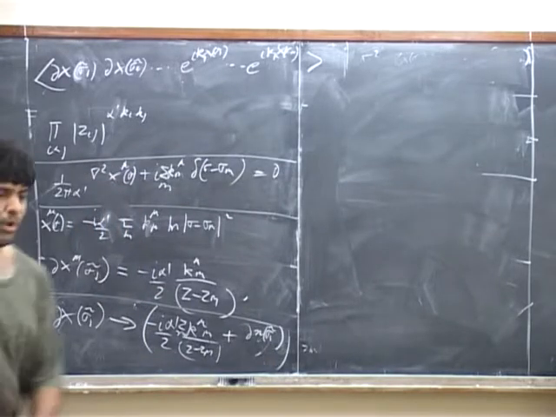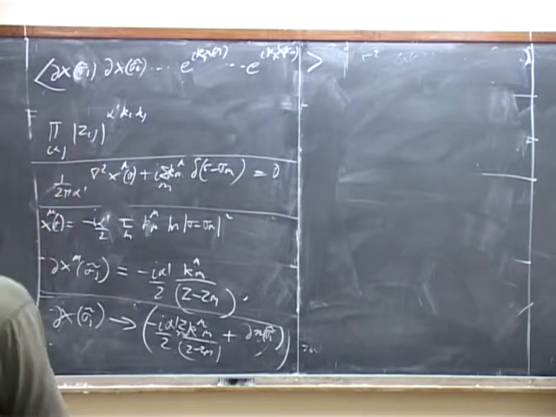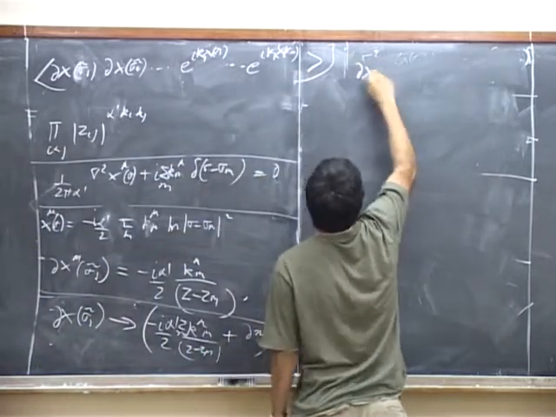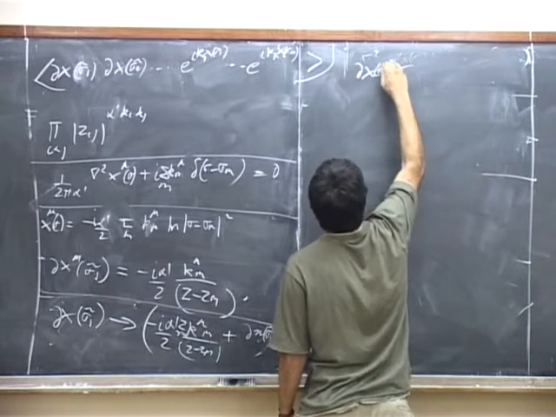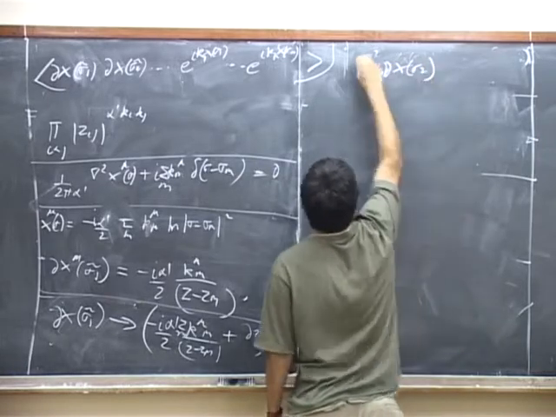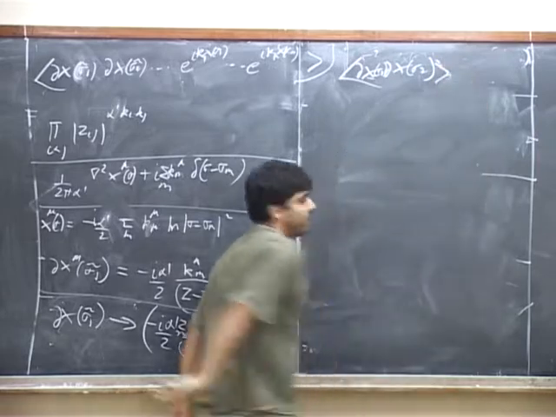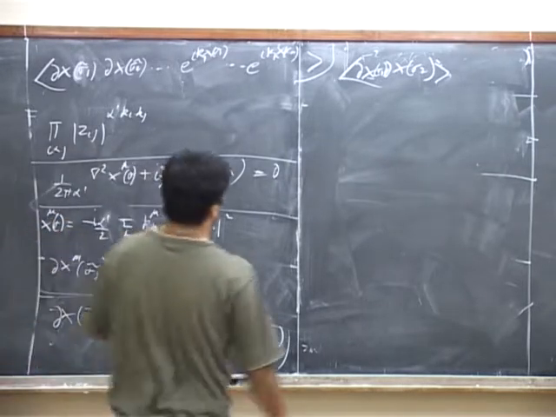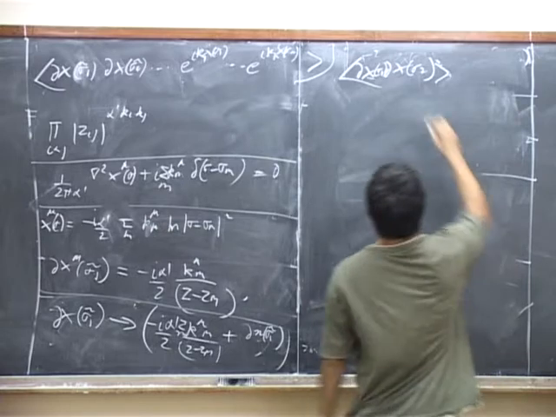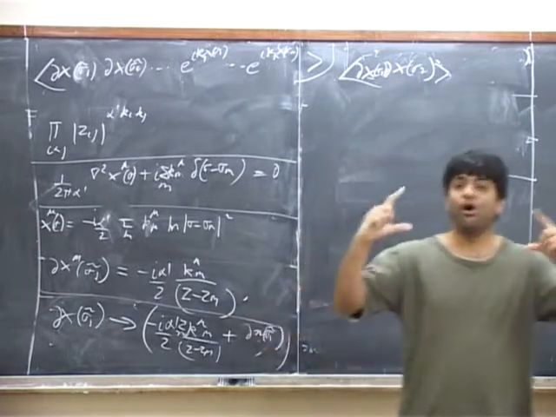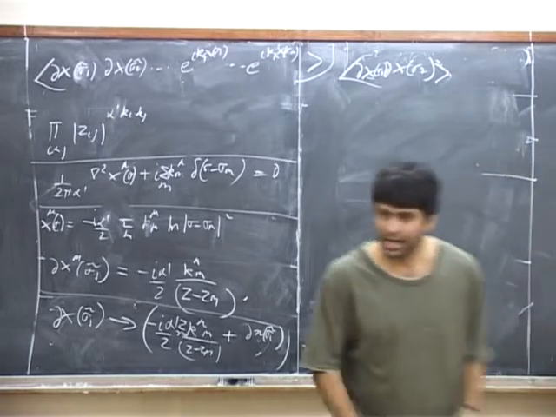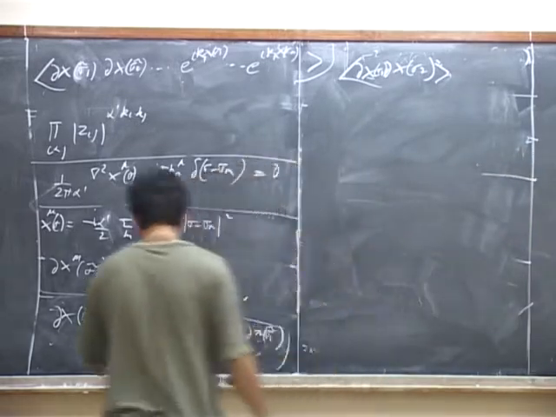Okay, so what are we going to do? Well, to start with, we need to see if we can compute the correlator of del X of sigma 1 and del X of sigma 2 using conformal field theory techniques. So what do we know? We know all the singularities of del X because we know its OPE.